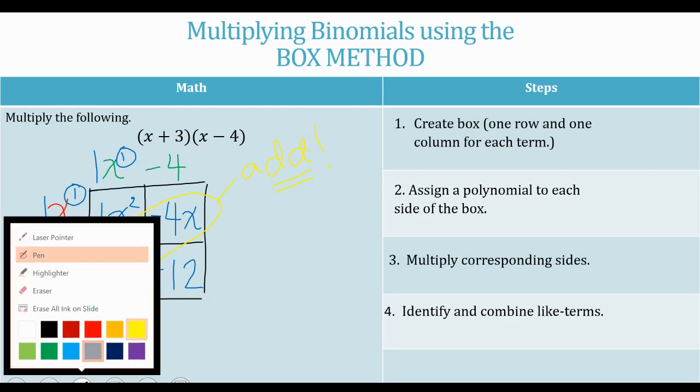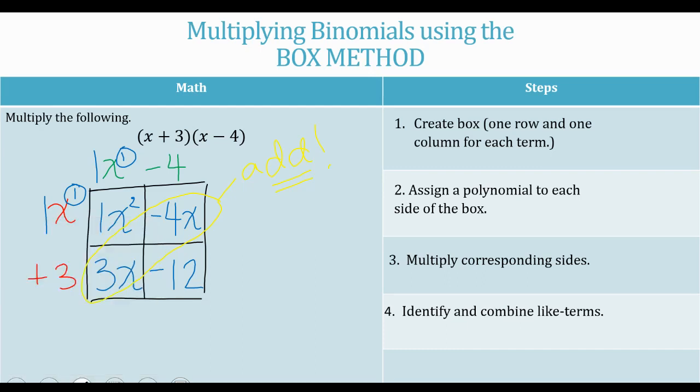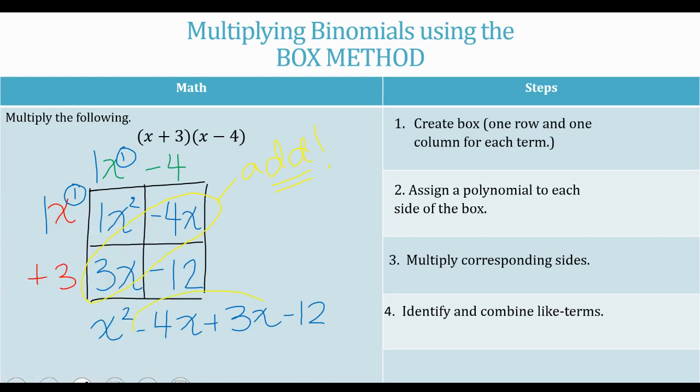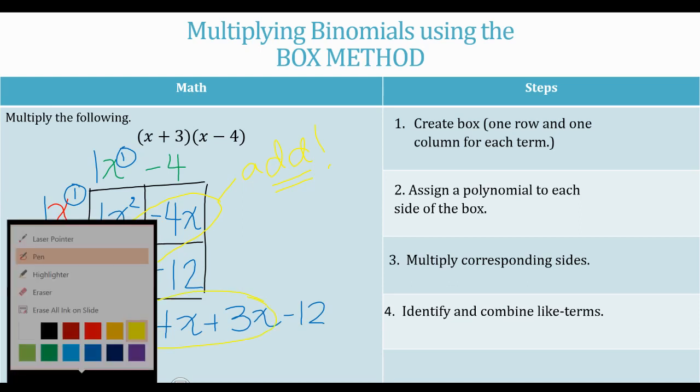So what I'm going to do right now is just rewrite our polynomial. I'm not going to put the 1 in because it's unnecessary. We don't need it. So I have x squared minus 4x plus 3x minus 12, and we're going to add those terms here.